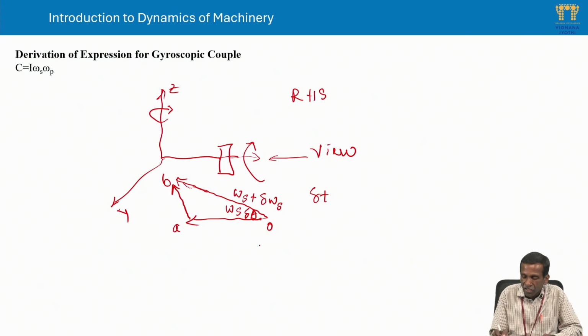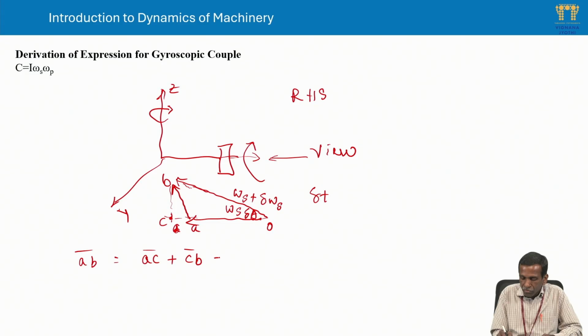AB can be taken in both directions: along the x-axis, the original spinning axis, let us say this point is C, and this is A. Then AB is the vector sum of AC plus CB.